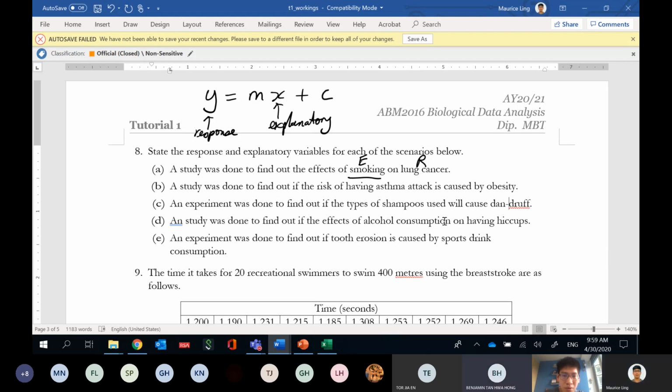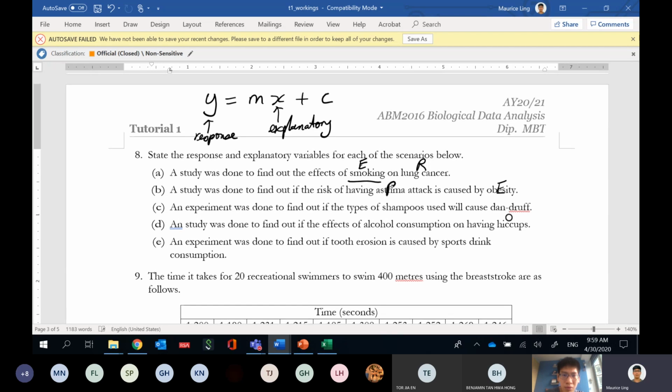Okay, the response would be risk of having an asthma attack, and then explanatory would be obesity. Yes. Okay. This is the risk. The explanatory will be the obesity. This will be the response. Correct. Okay.